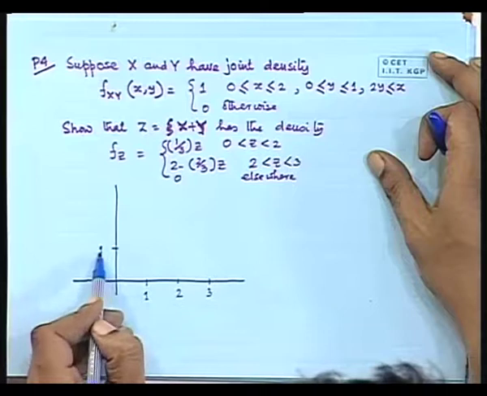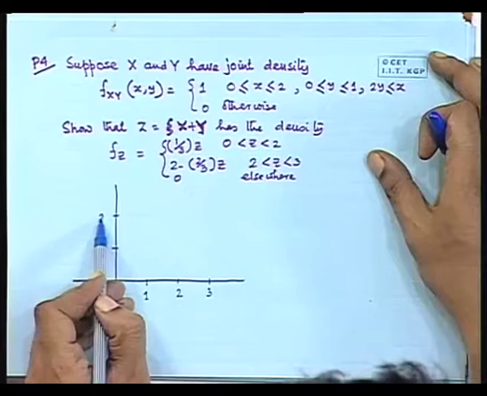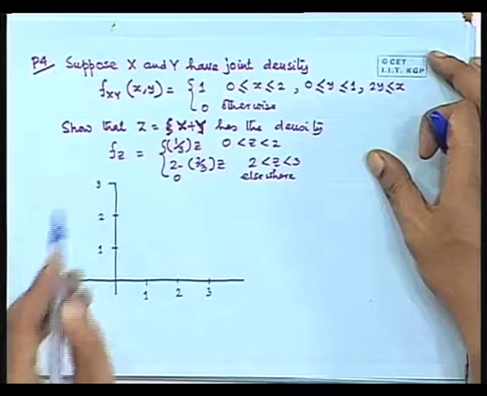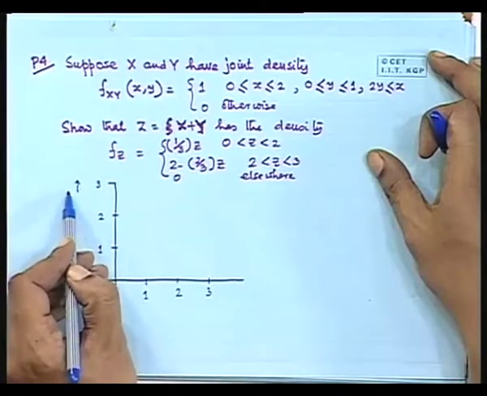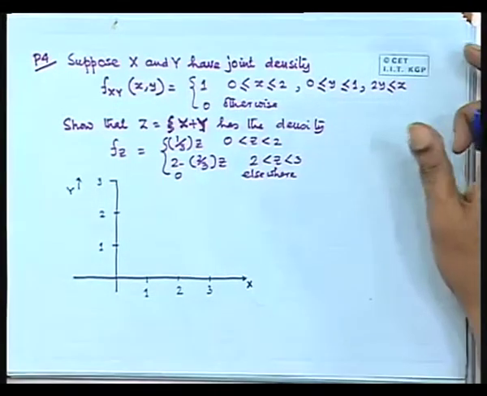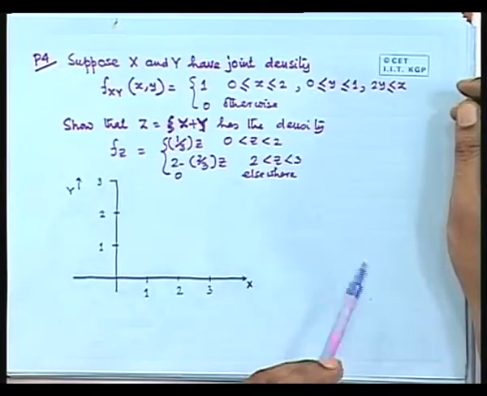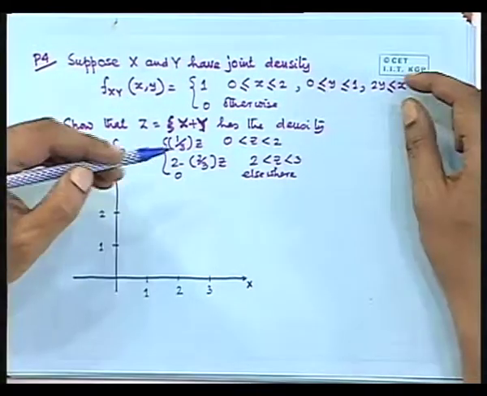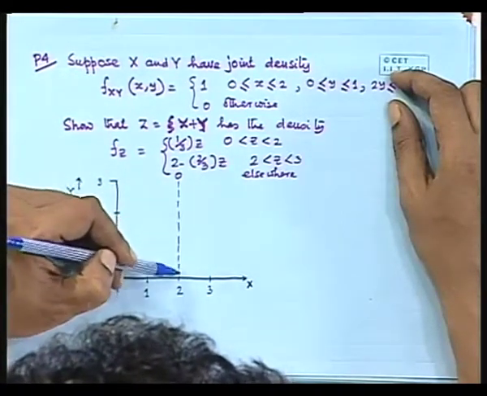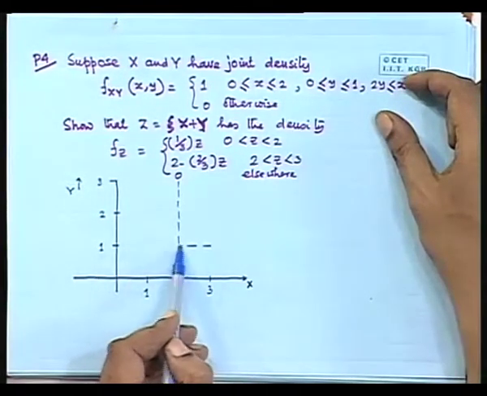Similarly, this is 1, this is 2 and this is 3. This is the xy plane, okay? This is y, this is x. So x is between 0 and 2, so x is in this region. Y is between 0 and 1, so y is in this region.